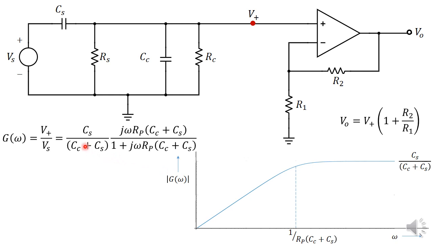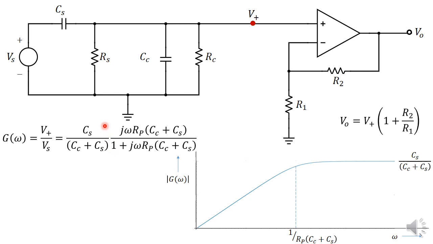From here, you can see the gain of this amplifier when omega is very high, when the frequency becomes very high. This term here becomes much higher than 1, and therefore this entire thing becomes 1.